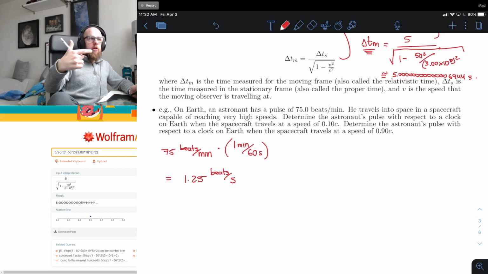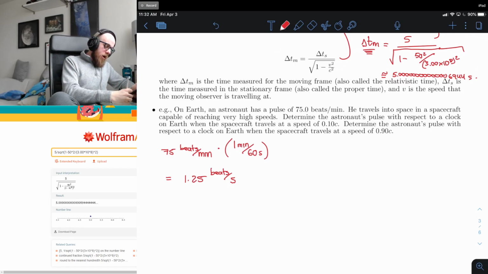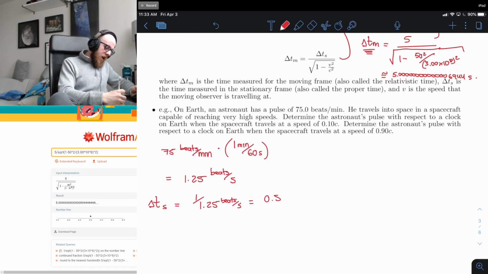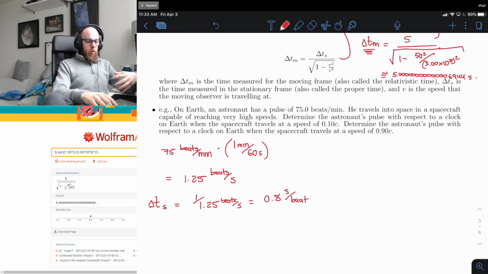So to convert that into how long it takes for each heartbeat to occur, we have to do 1 over that. So the time that it takes for a heartbeat to occur in a stationary reference frame, our delta Ts, is 1 over 1.25 beats per second. And when we do that, we get 0.8 seconds per beat. Okay, so each heartbeat will take a duration of 0.8 seconds to happen.